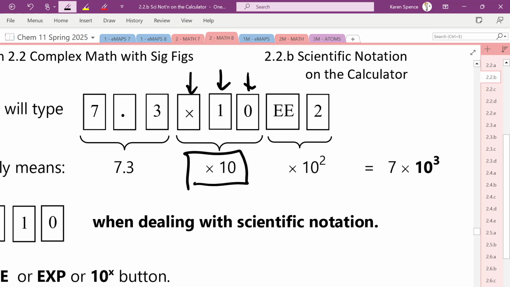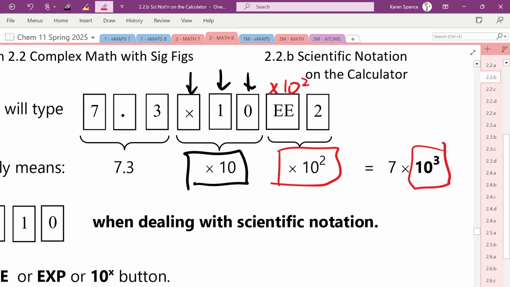Times 10. But remember, EE means times 10 to the. So now you have times 10 times 10 to the 2, which means now you have times 10 to the 3, which is not what you wanted. So don't get excited and start trying to do times 10.